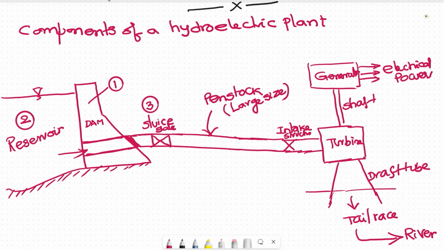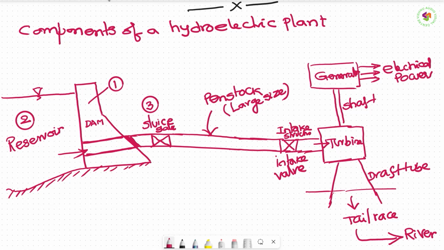Then from the penstock, there will be a control here, the intake structure, or we call it the intake valve. Anything is fine. From the intake valve, the water enters the turbine and there the water rotates the turbine runner.